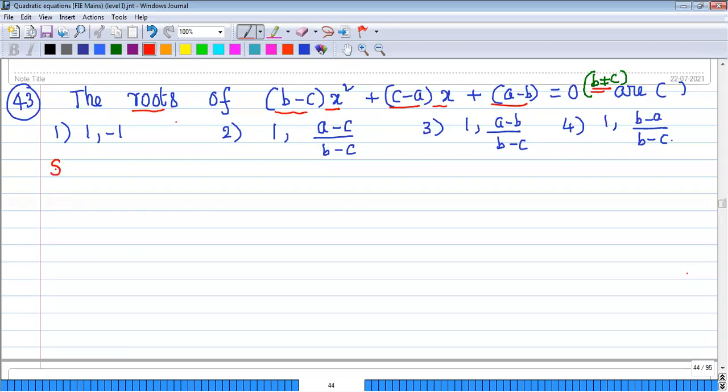First, let us find out the sum of the coefficients. Sum of the coefficients of the given equation, that is b minus c plus c minus a plus a minus b.